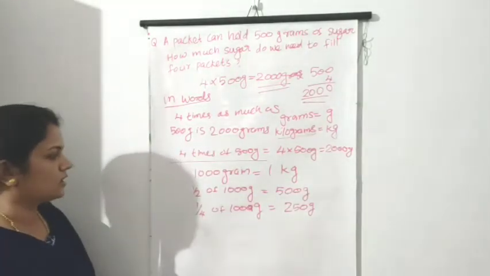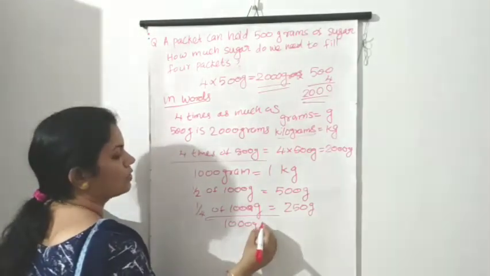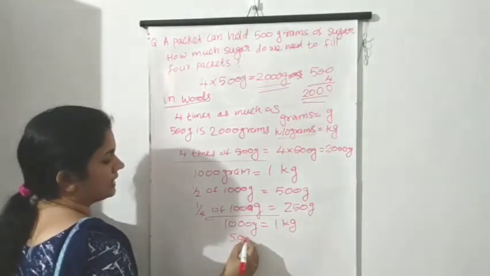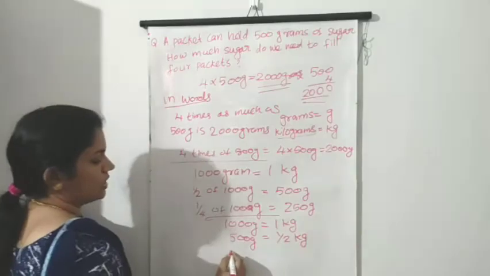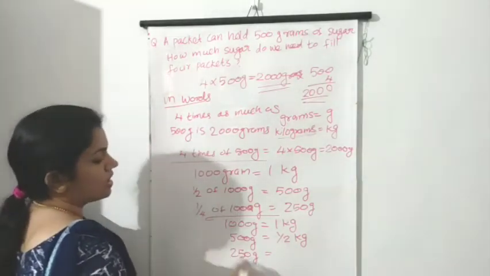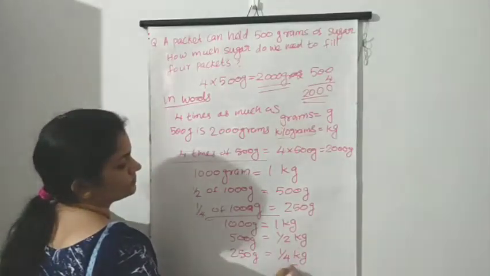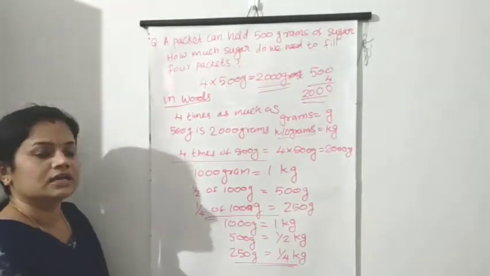So we can conclude 1000 gram equal to 1 kilogram, 500 gram equal to half kilogram, 250 gram equal to 1 by 4 kilogram. Okay, these are the units of gram and kilogram.